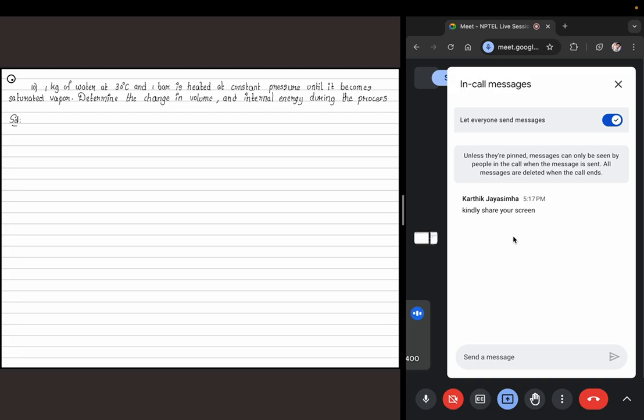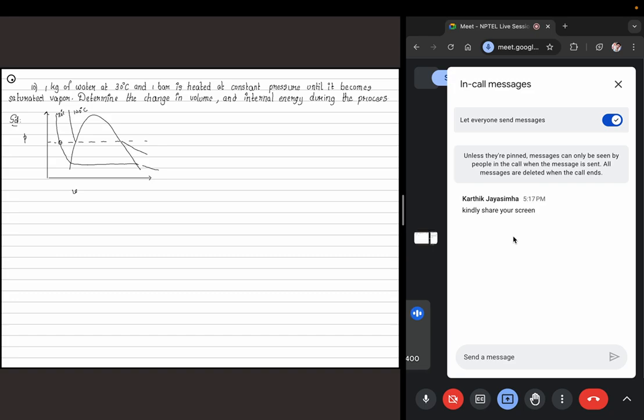So mass is 1 kilogram, so I'm just ignoring that. And until it becomes saturated vapor. So if you were to plot again on the PV diagram, so this is your 100 degrees Celsius and this is your 30 degrees Celsius.